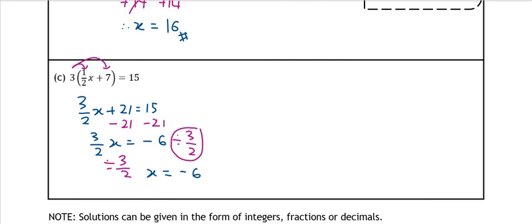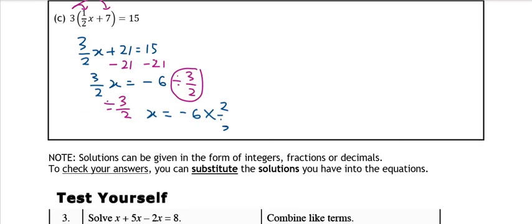This one, change to multiply and take the reciprocal. 2 over 3 is the reciprocal of this one. So 2 over 3. You cancel 6 and 3, so 3 becomes 1 and 6 divided by 3 is 2. Therefore, your answer will be negative 2 times 2, which is negative 4.